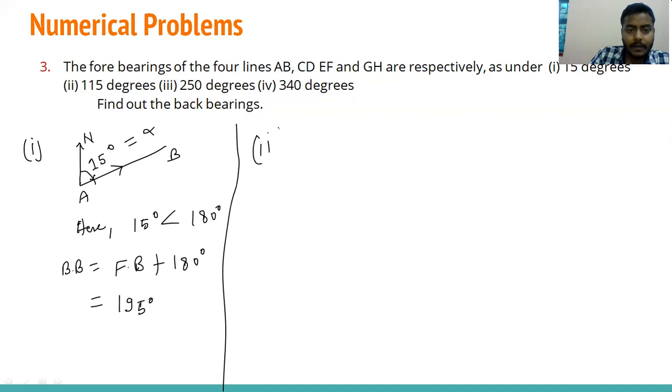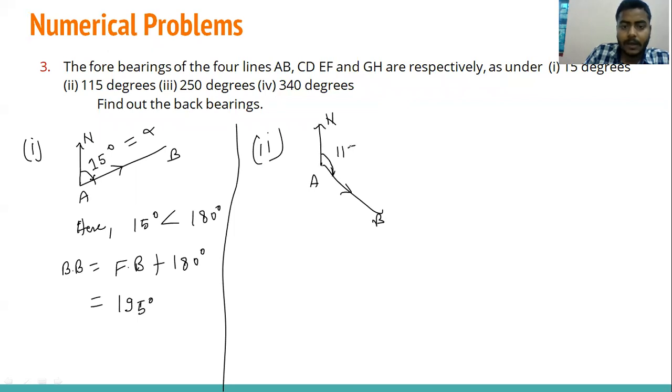Now come to the second. The second is 115 degrees. Suppose this is the north. So 115 will come somewhere here, at A, B, and this angle is given as 115 degrees. So this is the given fore bearing.